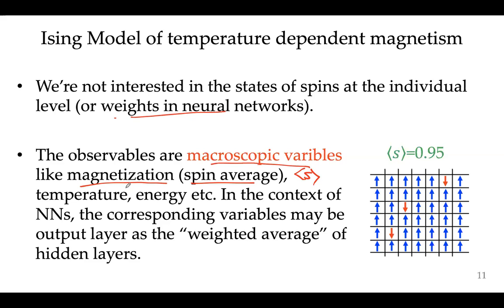Examples of macroscopic variables are magnetization, temperature, energy, etc. In neural networks, the corresponding variables may be the output layer as the weighted average of hidden layers. So in neural networks, you also do some kind of averaging. The output layer can be seen as a weighted average.